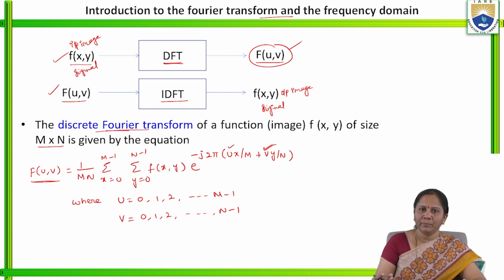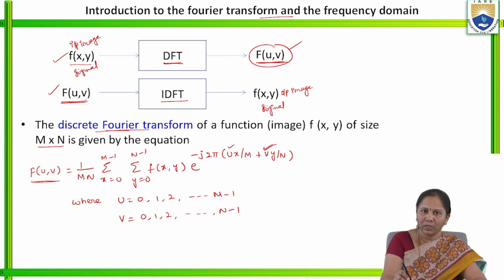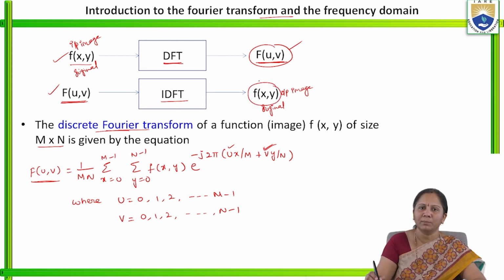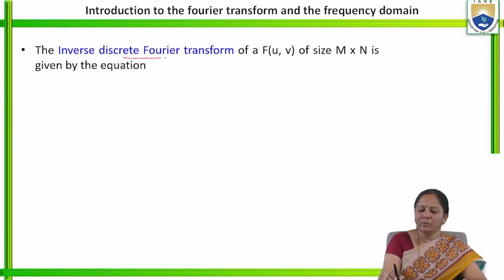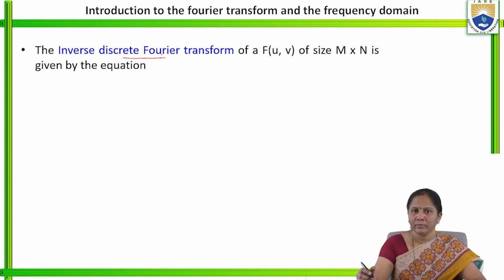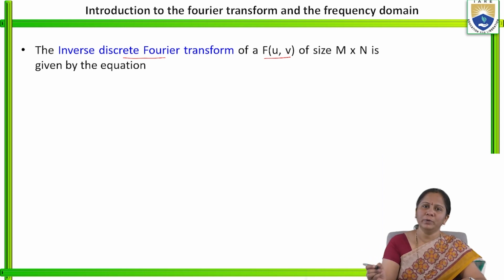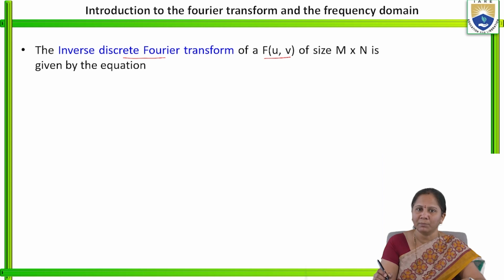What is the next step? For this f of u comma v, we consider it as an input and apply the inverse discrete Fourier transform, and the output we get is f of x comma y. Now we need to know what function f of x comma y we are going to get. After applying the inverse discrete Fourier transform on f of u comma v, whose size is m by n, we get the output image after the IDFT as f of x comma y.